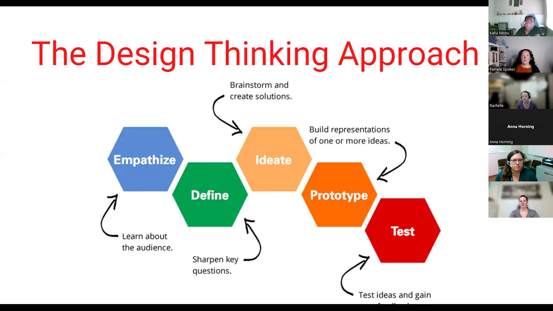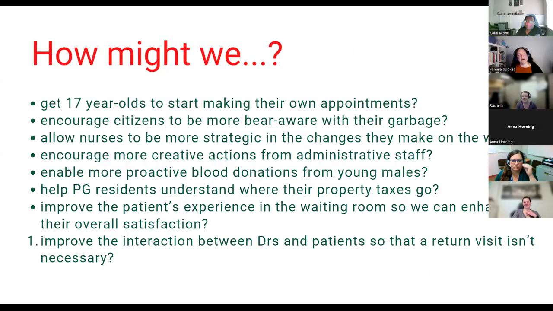Maybe now we have more information about what they're expecting, what they're not expecting, and then we can prototype again and test again quickly. So you're moving through this process, not necessarily in a linear way, but hopping back and forth, always trying to prototype and test until you have something that you can implement. So that was a very quick explanation of the design thinking process.